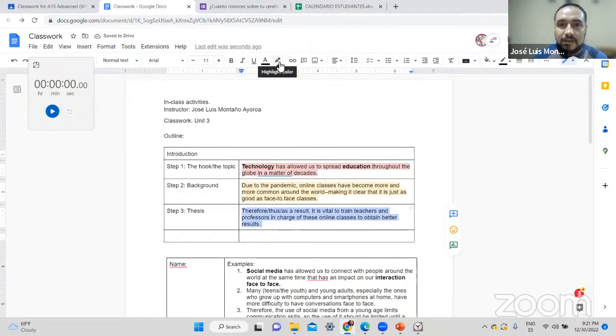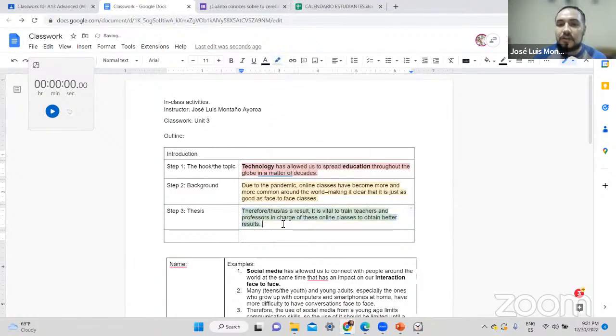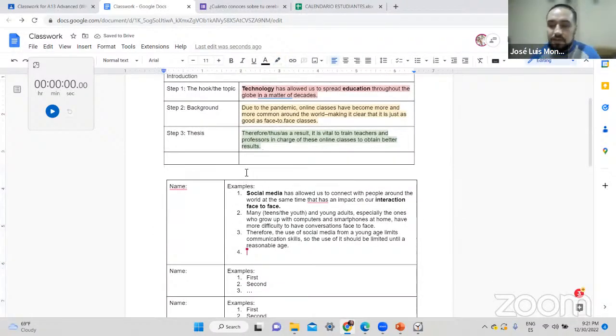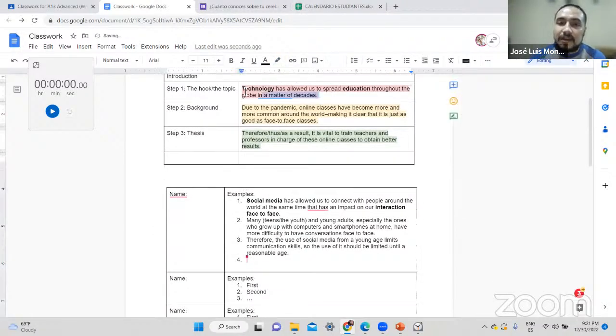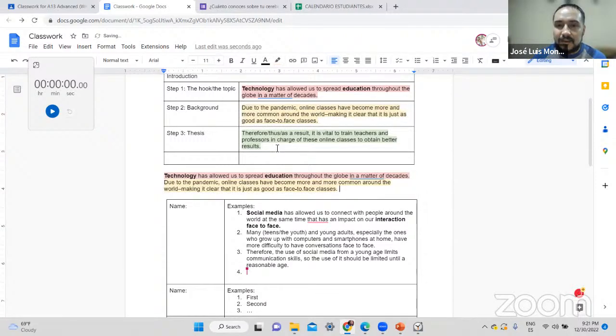That's the main idea. So in general, you should have something like this. You're also going to bold all of the transitional words that you're using. Remember that you have to use a minimum of 6 transitional words.